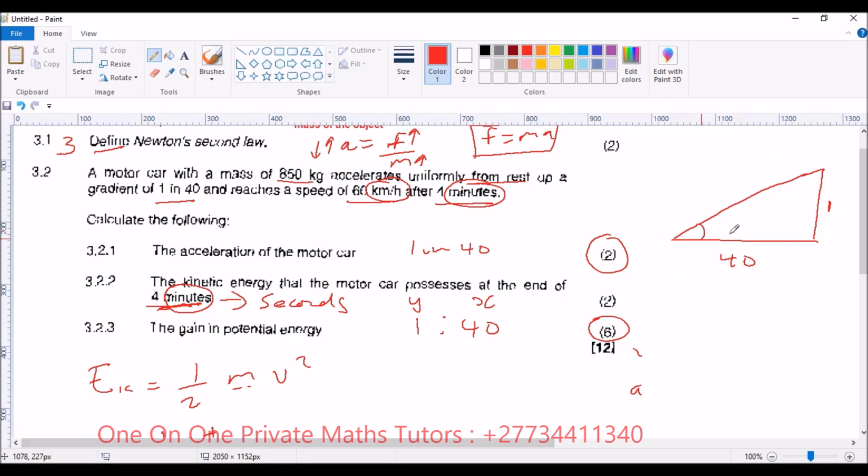All right, we have an angle there, angle of elevation, or angle of incline from the horizontal. All right, so we have 1 in 40, and we might want to know our hypotenuse. Okay, so we say this is a right angle triangle.